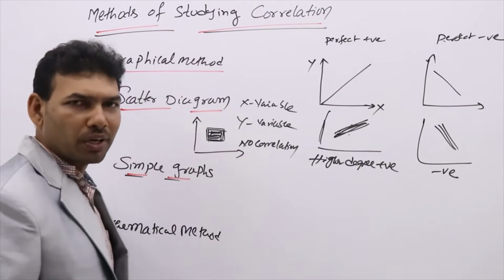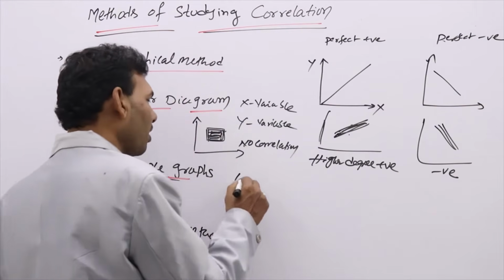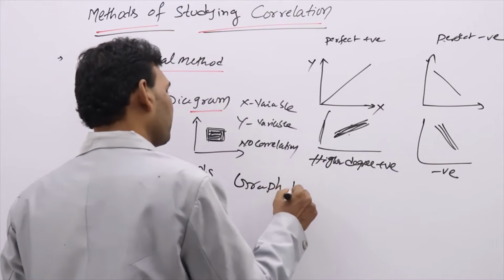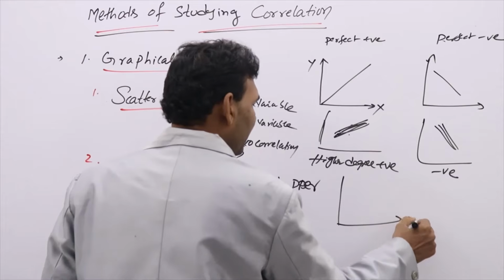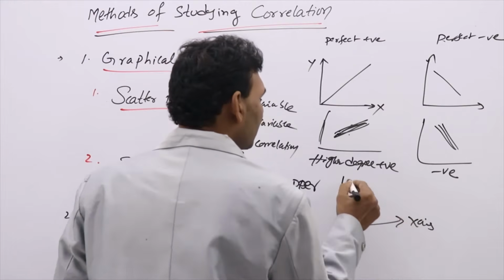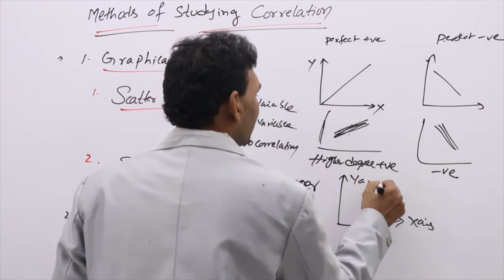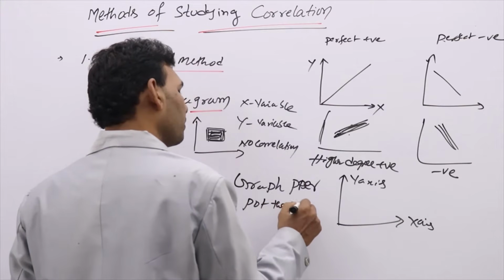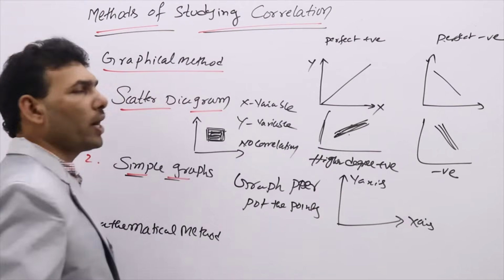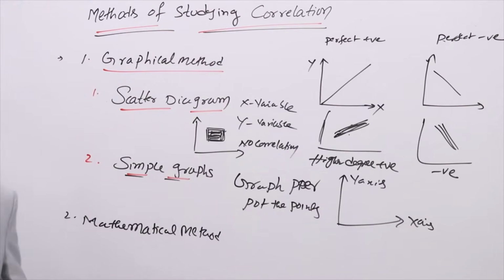Coming to the simple graphs, by taking graph paper, with an x-axis and y-axis, you are going to plot the points. You will join the points by a smooth curve. Based on that smooth curve, you can decide whether they are related positively or negatively.